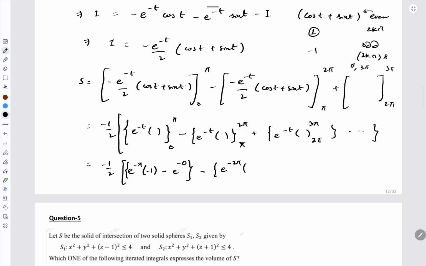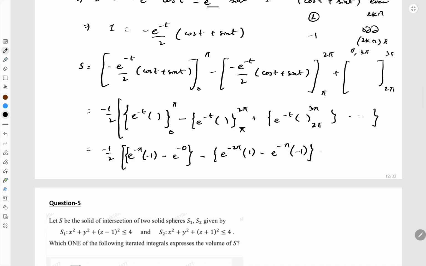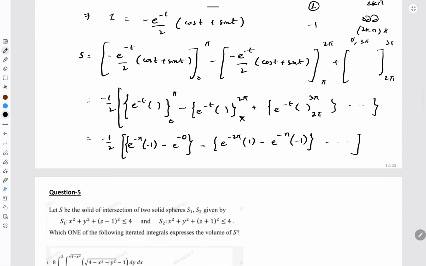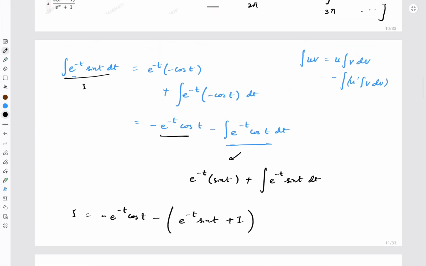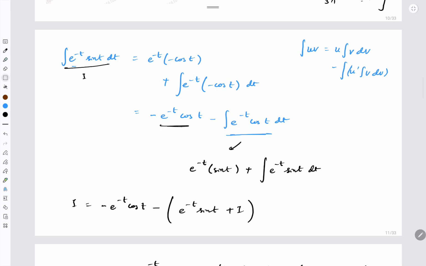Sorry, in even it is plus 1. Minus e power minus pi, it's minus 1. You can write it like this, and you will see a pattern here. What is the pattern? So that it does not overflow, let us erase the signs.